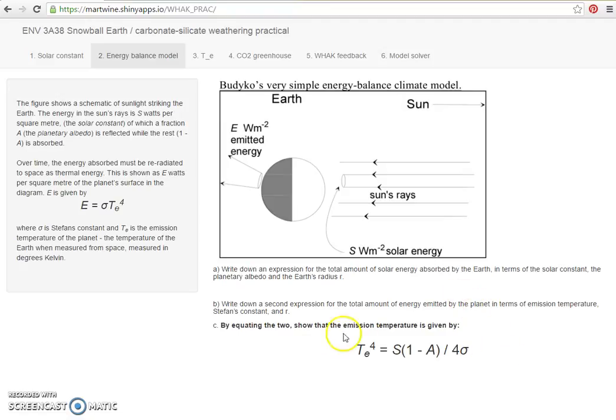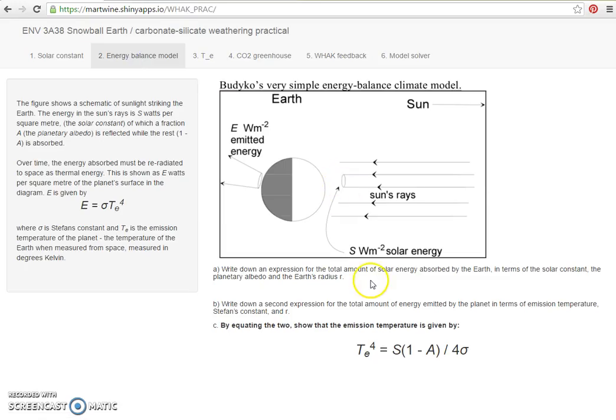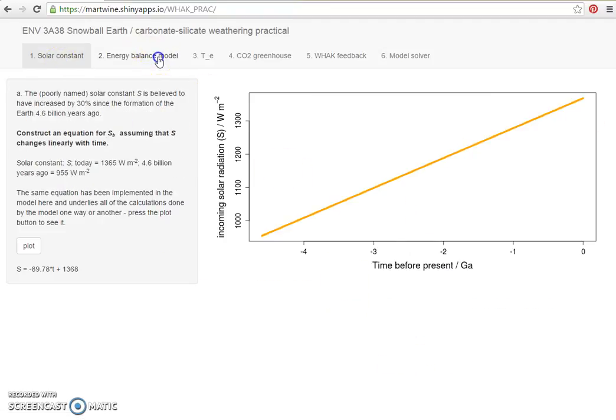And this is important because it's a key component of the model, the equations that underlie the model that we use in the rest of the practical. So, going back to the energy balance model, we see that this effective temperature changes through time as a function of the solar constant. We've seen that the solar constant changes through time.